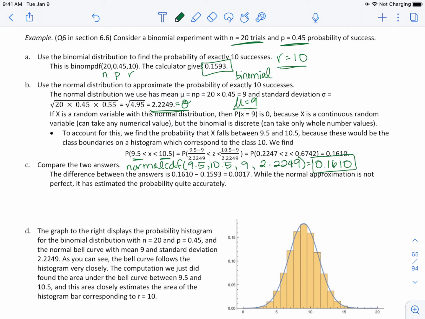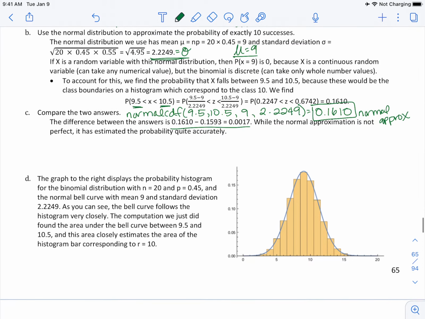Okay, and again, this is our normal approximation. So the difference between these answers, if we actually subtract them, we get 0.0017. So while the normal approximation is not perfect, it has estimated the probability quite accurately.